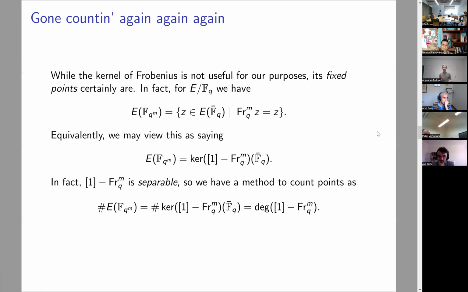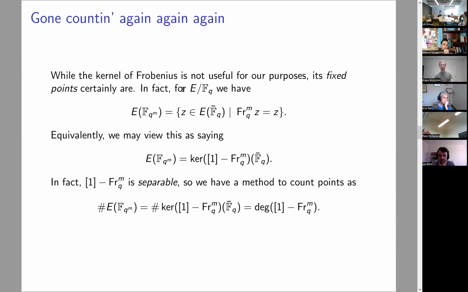So the Frobenius is an inseparable morphism. Its kernel is somehow not very useful, viewed as a set of points. However, if we don't look at the kernel of the Frobenius, but rather the fixed points of the Frobenius, something interesting will happen.